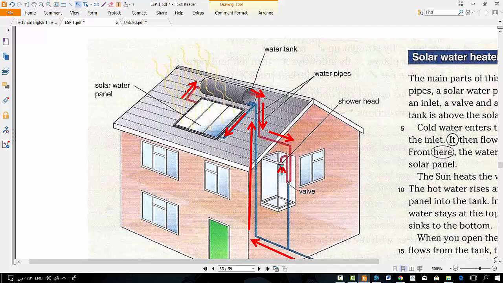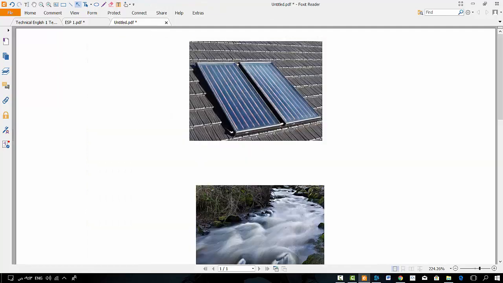Let's look at some pictures. What are these? Solar water panels. These are solar water panels for heating the water.